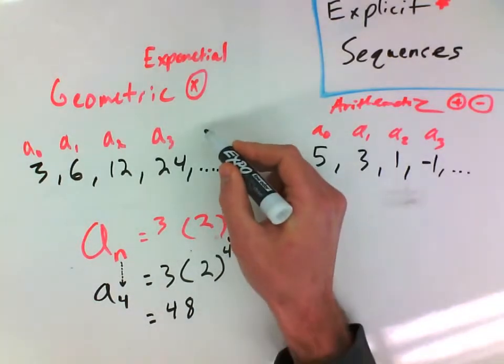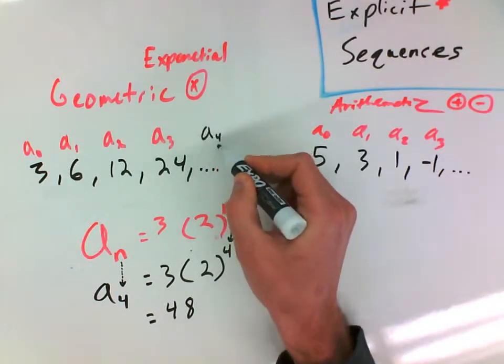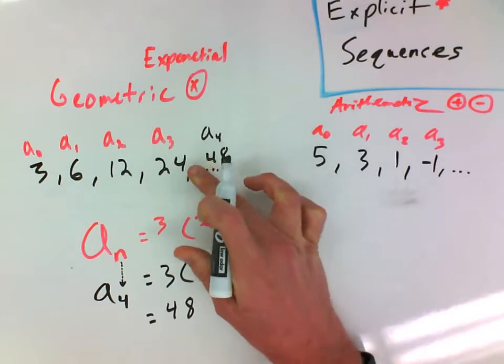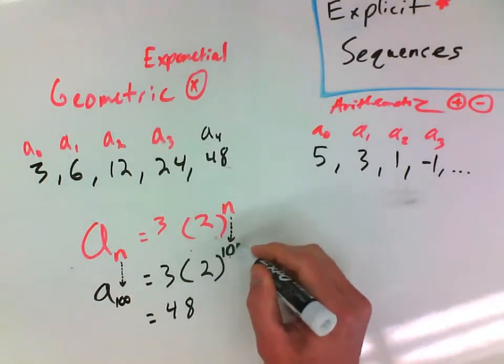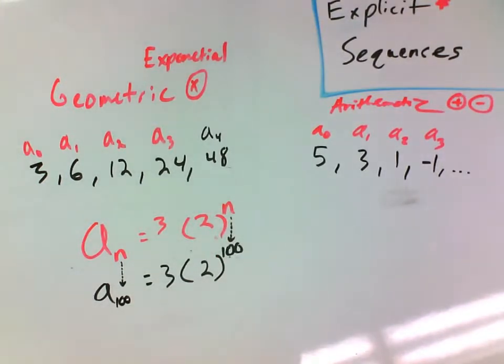And you can see if I was to continue my pattern, a sub 4 would be 48, right? So I can just skip right to a sub 100, and all I have to do is plug 100 into there, and I can immediately calculate it.